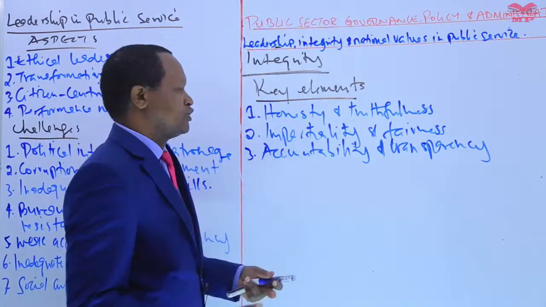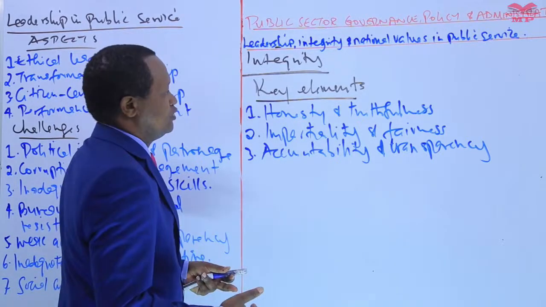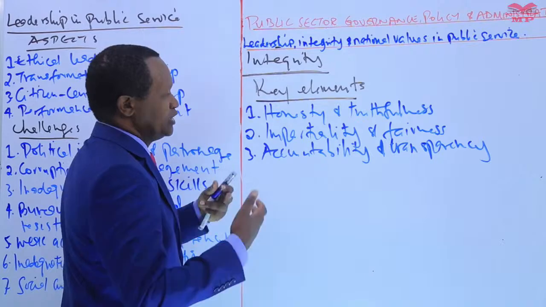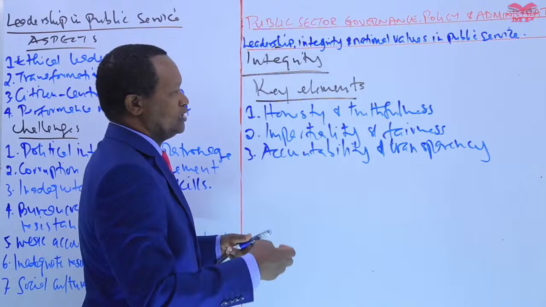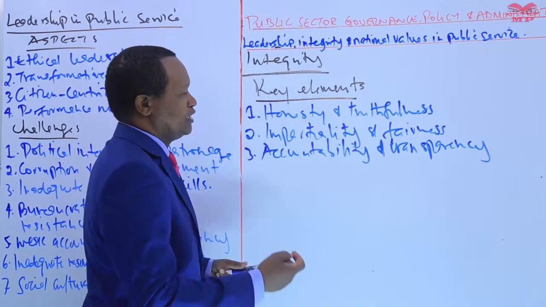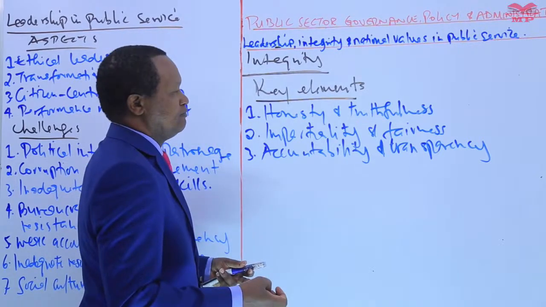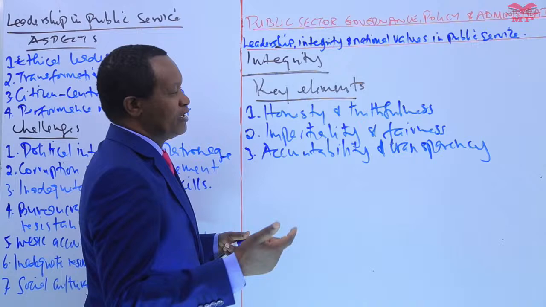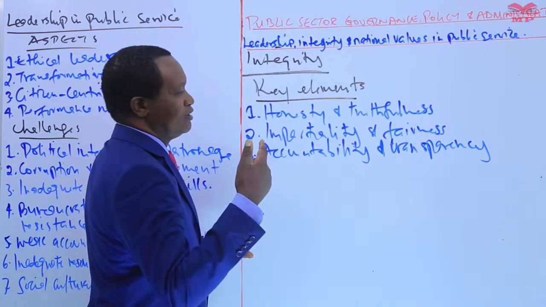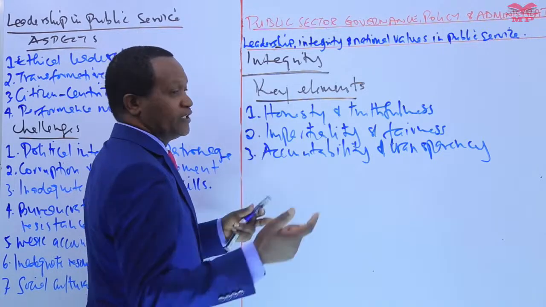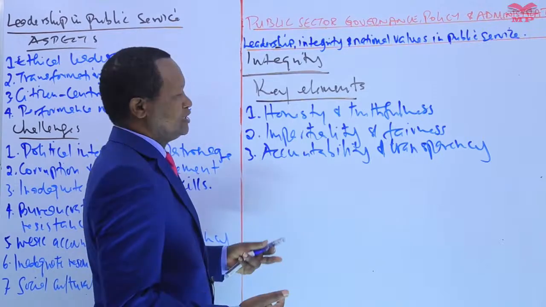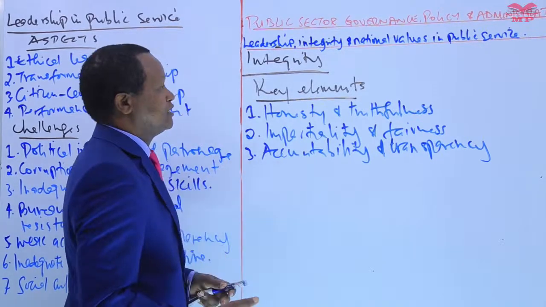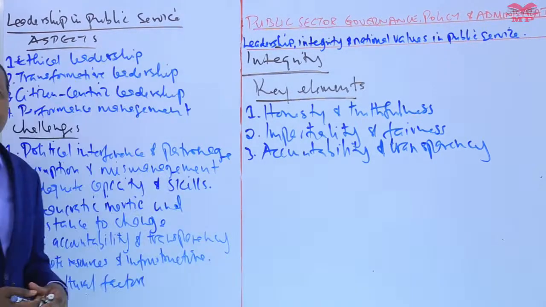So if you are a public servant, you are required to ensure that your actions can be queried, your decisions can be held to scrutiny by different bodies of the government or by the public. So accountability and transparency is a key element of integrity.